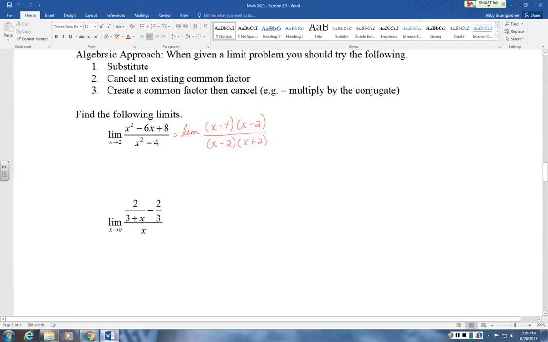Sure enough, if you can factor and you see something that will cancel, that's really going to be helpful on these problems. Eventually, you might see a pattern in some of these as well. But certainly we see that there is an x minus 2 in the numerator and an x minus 2 in the denominator, so those will cancel.